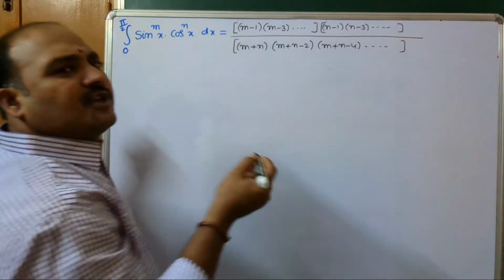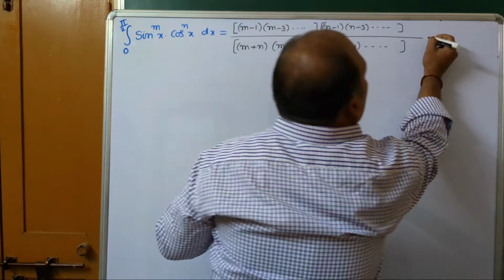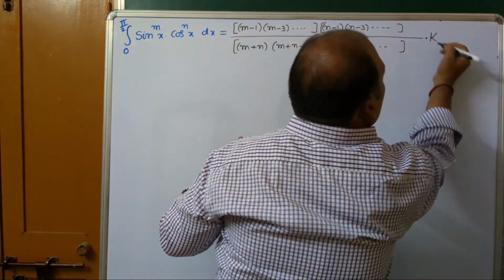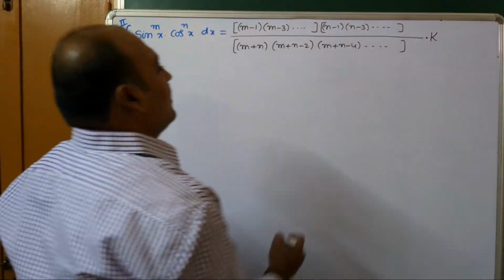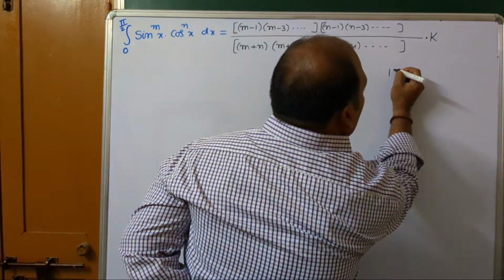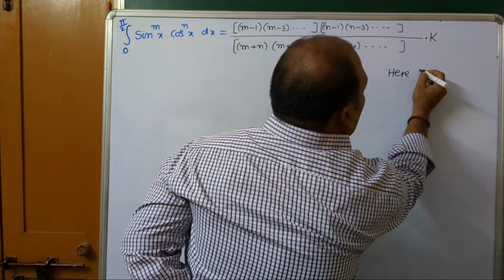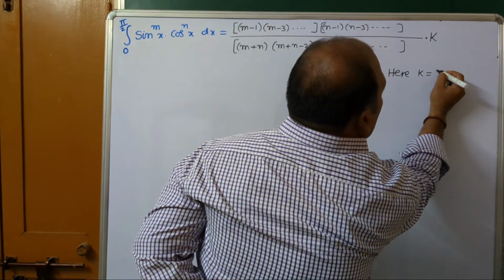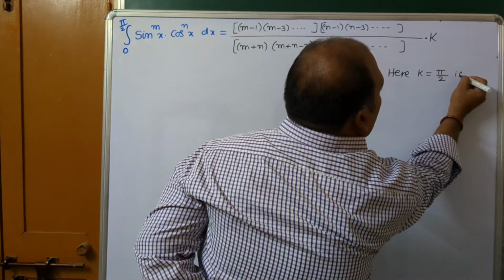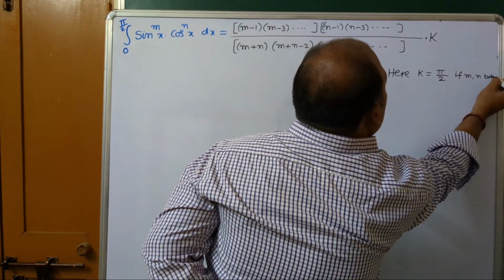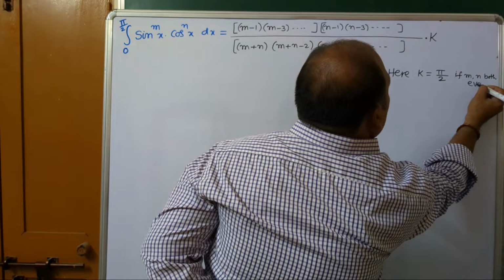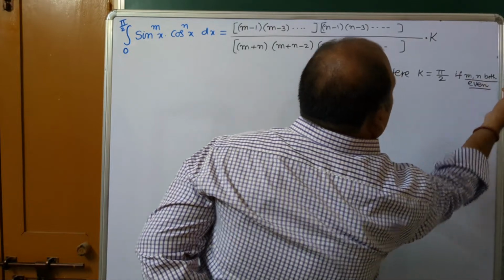Even here also same case. Into k, here is the only twist. Into k. So what does k represent? k equals pi by 2 if m comma n are both even numbers. Both even numbers.